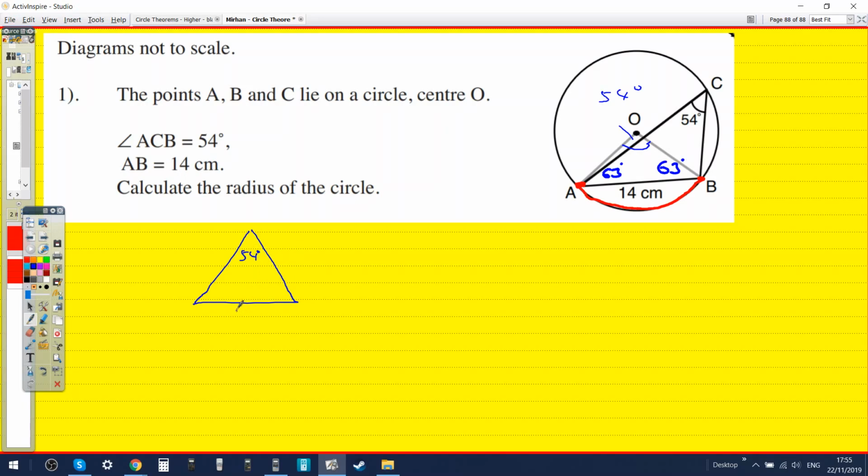No. So you could use sine rule or cosine rule. Do you remember how you do it using sine rule? Does it have to be a right angle triangle for it to be a sine? That would be SOH CAH TOA you're thinking of. Yes.